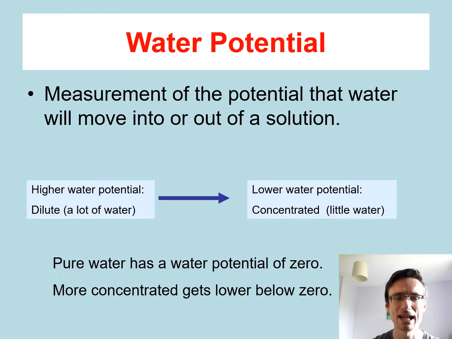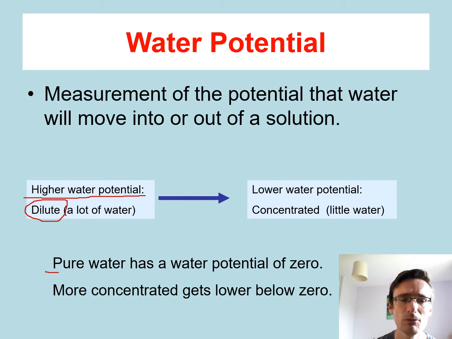How we describe it is something to do with water potential. Water potential is the measurement of the potential that water will move in or out of a solution. It mixes with a lot of things to do with pressure, concentration, things like that. But what you need to know is if something is dilute, then it has a higher water potential.